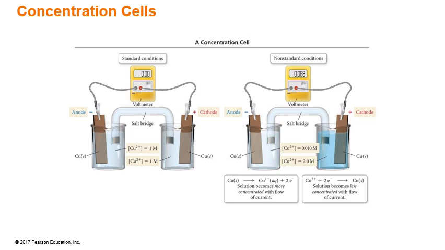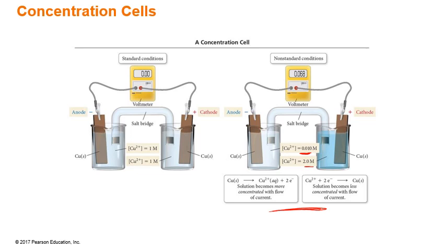However, if we change the concentration, so here we still have 2 copper half reactions, but now our concentration is different between them. So one has a solution of 0.1 molar, one has a solution of 2 molar.